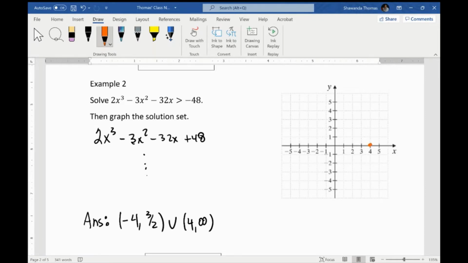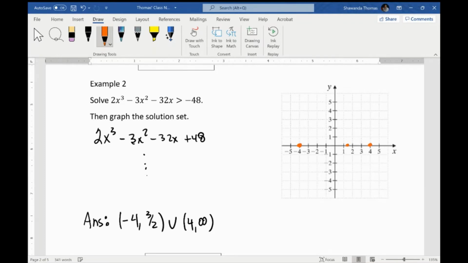What's another one? -4, 0. Yep, -4, 0 was another one. What's another one? 3 halves, 0. Yep. What is 3 halves really? 1.5. Yep. So we got that.